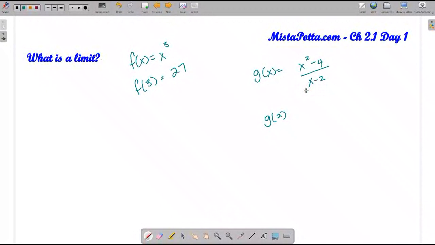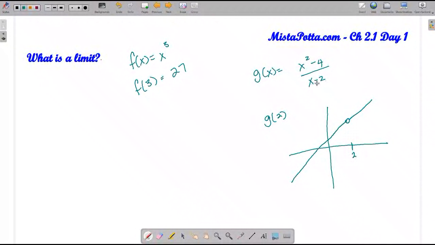So the question is, if I were to look at the graph of this, I notice that my graph tends to look like this. And something happens here at 2.